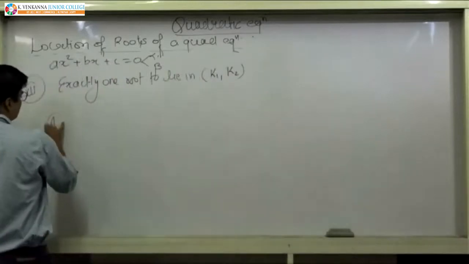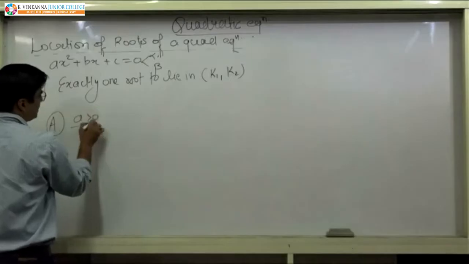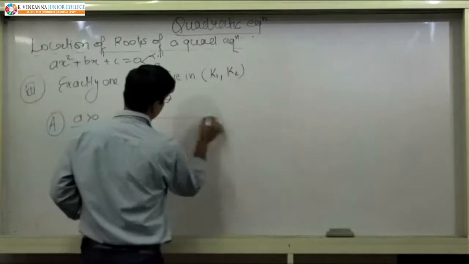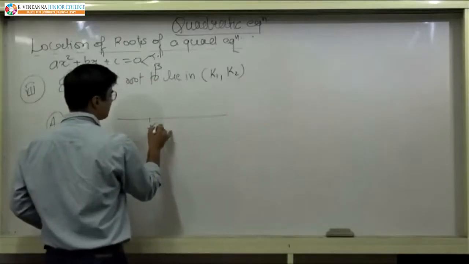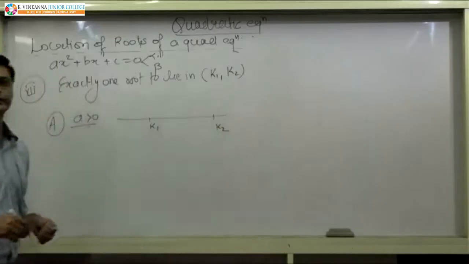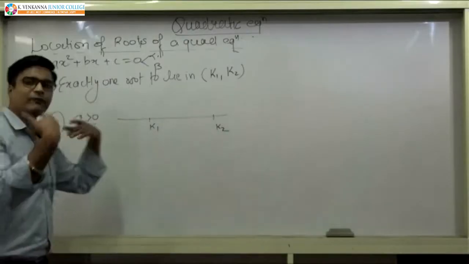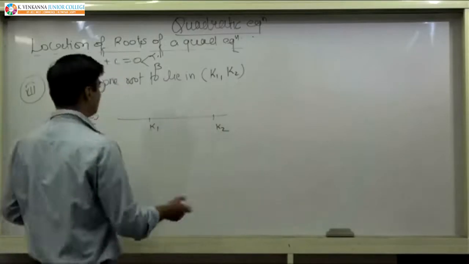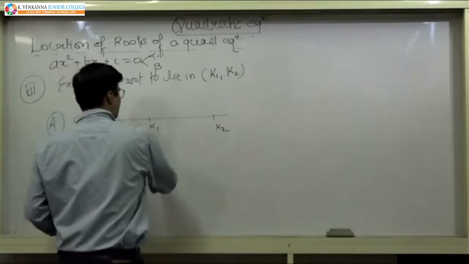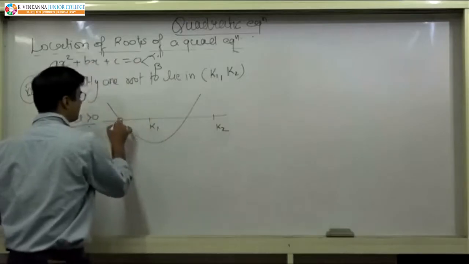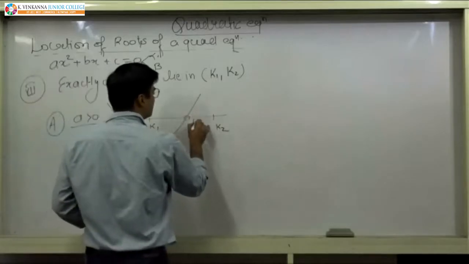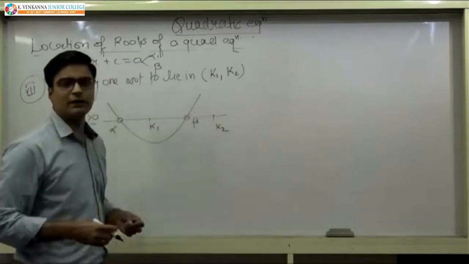Let's say again your a is greater than 0. This is the interval, that is K1, and let's say this is your K2. Now it is an upward opening parabola. So it can happen that our alpha is outside the interval and beta is lying in this K1, K2 interval.